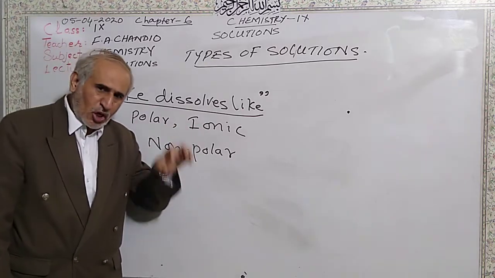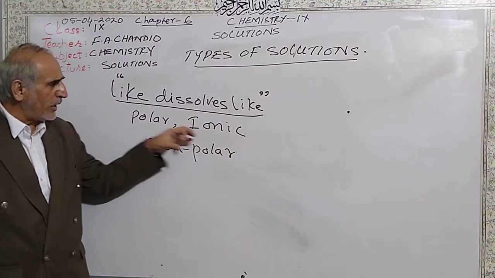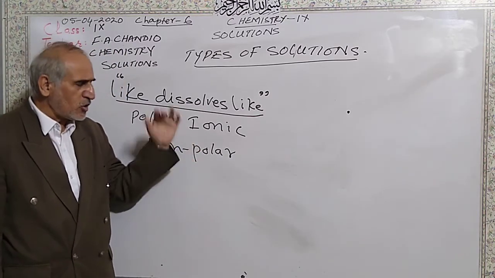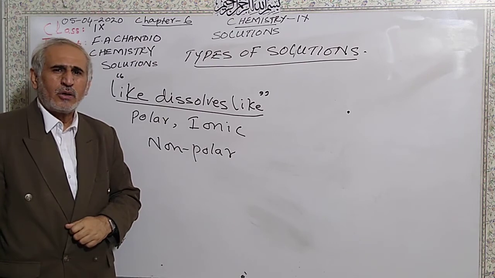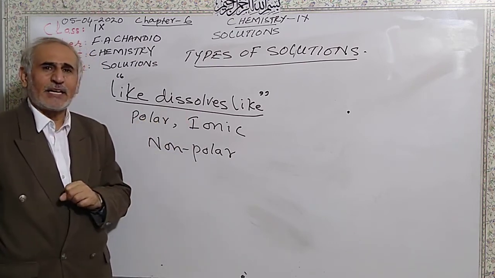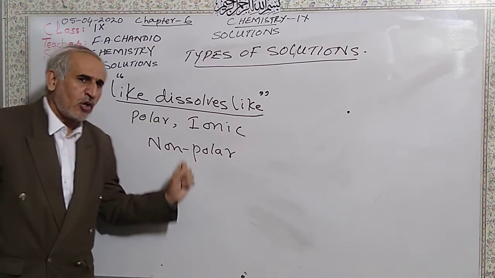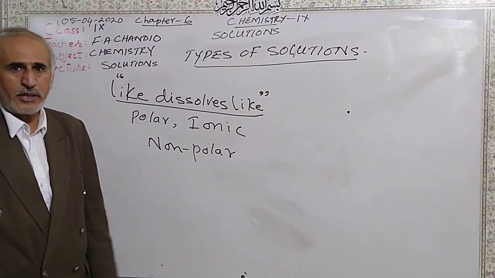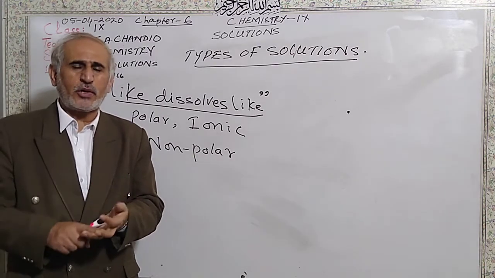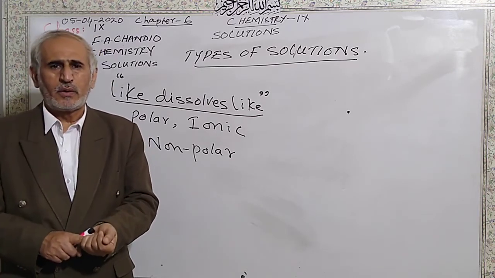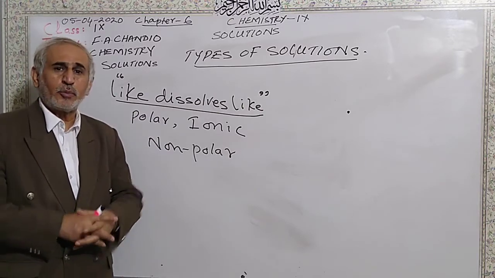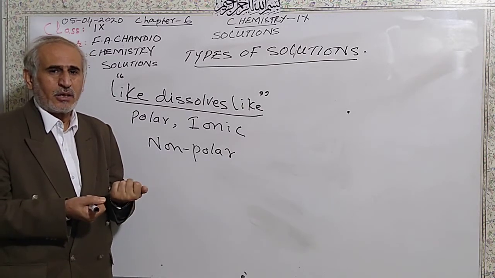Ionic compounds also dissolve in polar. Sodium chloride, ionic, dissolves in water. Potassium nitrate, ionic, dissolves in water. So these are like and like. Non-polar dissolves in non-polar: grease, petrol, benzene. They are going to dissolve with each other to make a homogeneous solution.